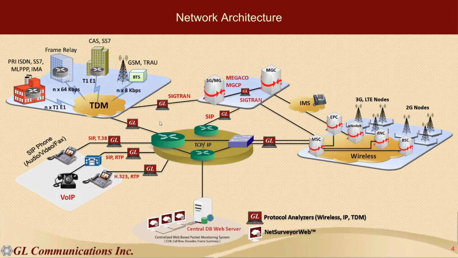In the wireless area, we cover all of the predominant wireless protocols that you may have. Back in the TDM area, we have all of the previous ones, from CAS to ISDN PRIs to SS7s and so forth. So all of these protocols, some of which may require a piece of hardware that we offer as well to tap onto the network, tap onto the circuit.